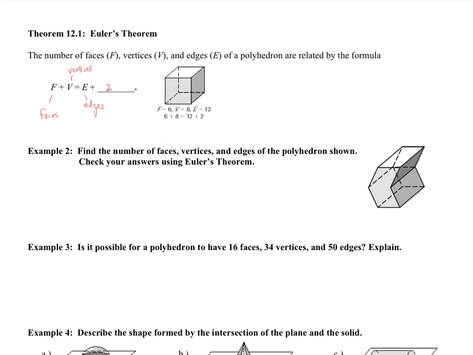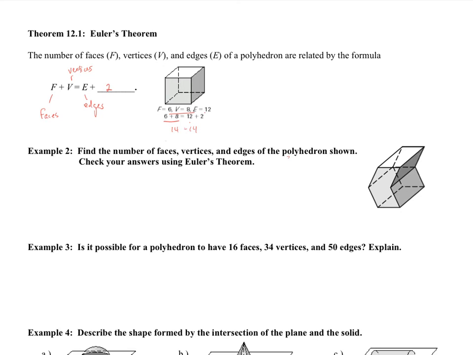So if you look at this cube, you have 6 faces, 8 vertices. 6 plus 8 equals E, which is, we have 12 edges, 12 plus 2, so 14 equals 14. Let's try out this formula here.